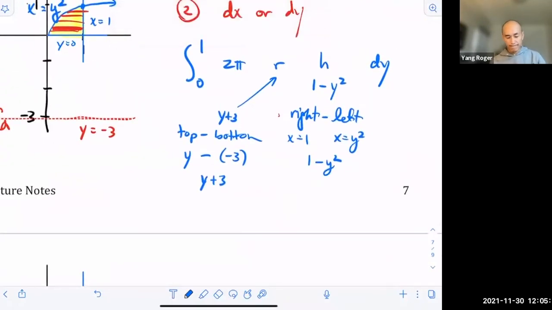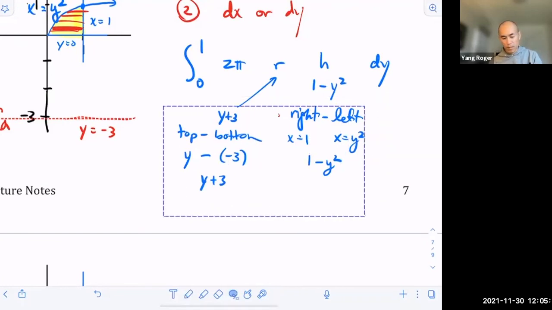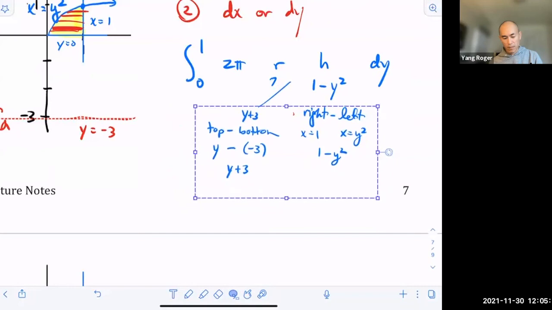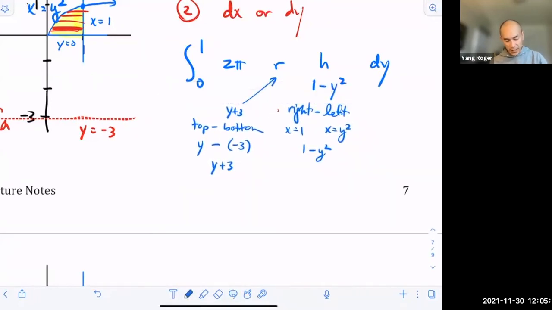So then in the end, your integral is going to be the integral from 0 to 1, 2 pi times y plus 3 times 1 minus y squared dy.